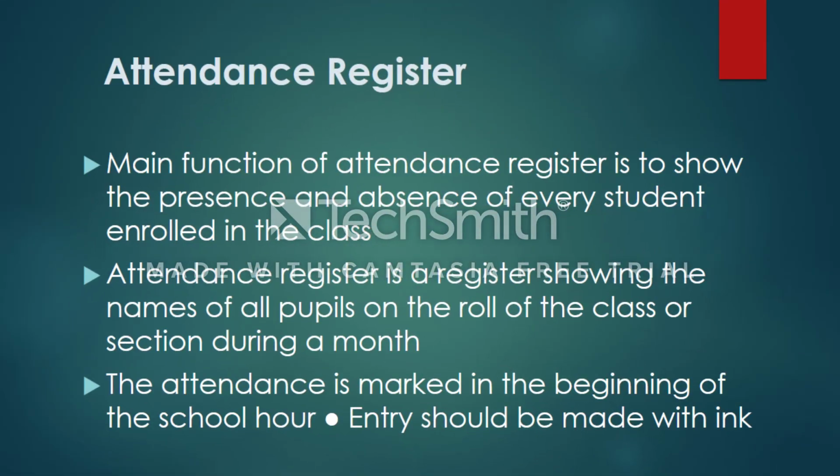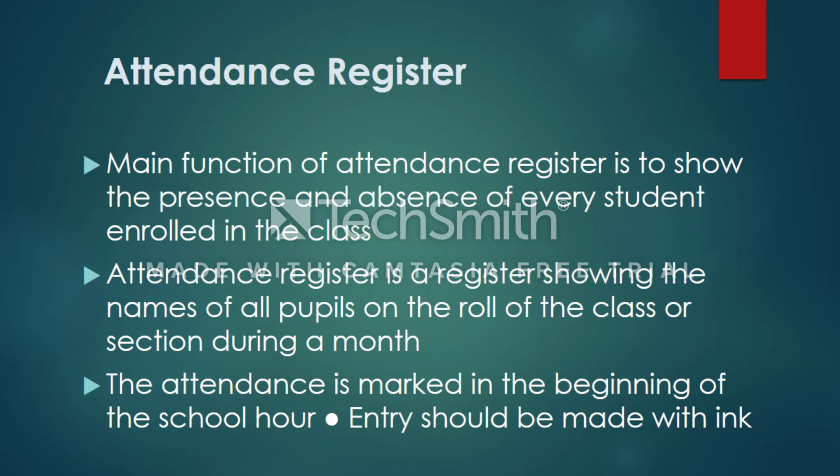Attendance register. The main function of the attendance register is to show the presence and absence of every student enrolled in the class. Means the main function of taking attendance is to show who attended the class and who did not.